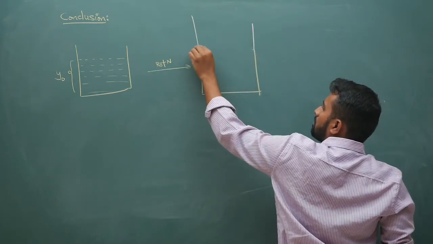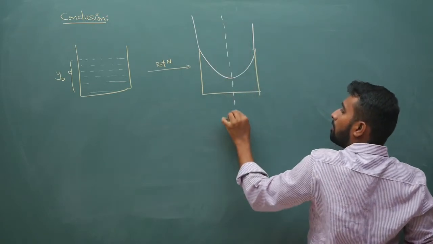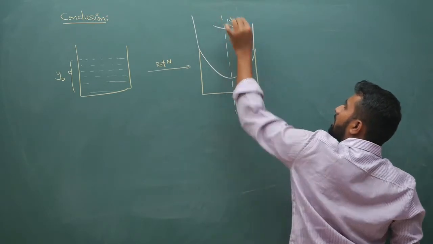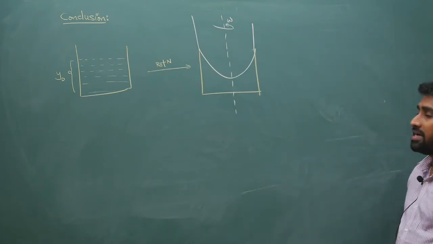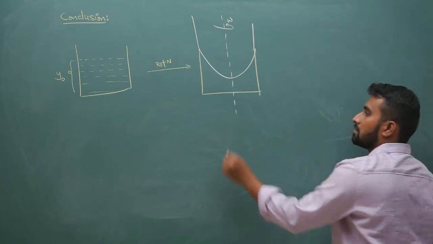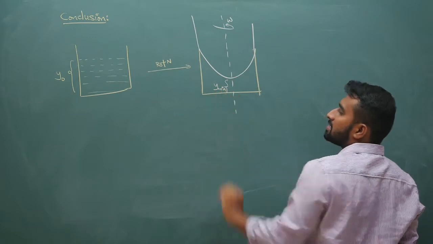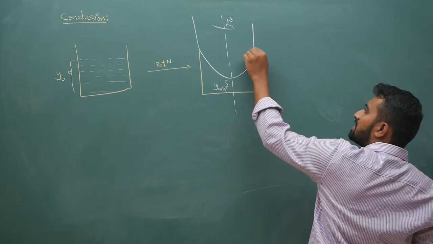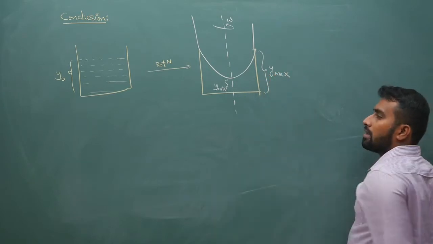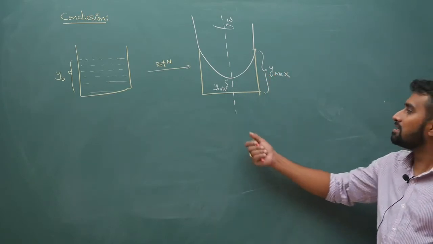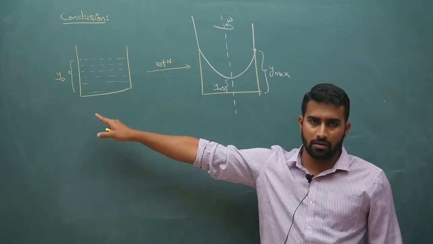The big container is rotating with omega. When it is rotating like this, the minimum height is y min, at the base. When x is equal to r, you will have y max. After rotation starts, you will have a minimum and a maximum. Initially it is only y naught.